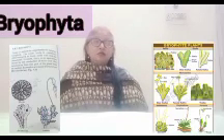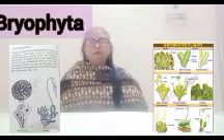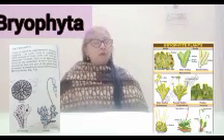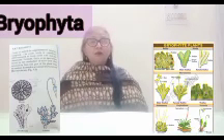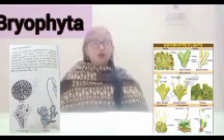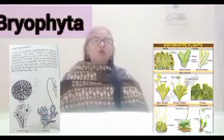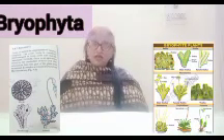Now these groups, that is Bryophytes, are commonly called amphibians of the plant kingdom. And there's a reason for that. Because though they live on land, they need water to complete their life cycle. The next division is Terrestrial.